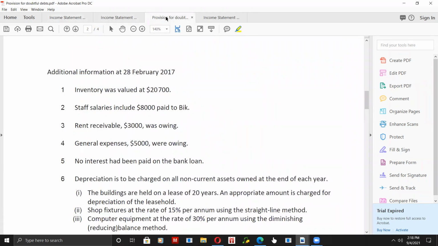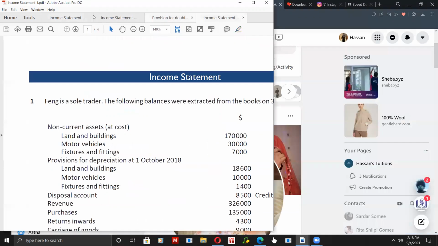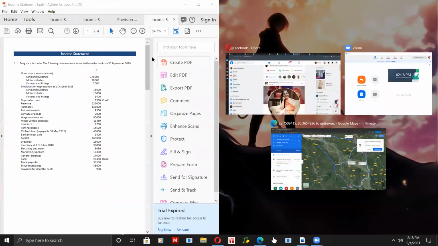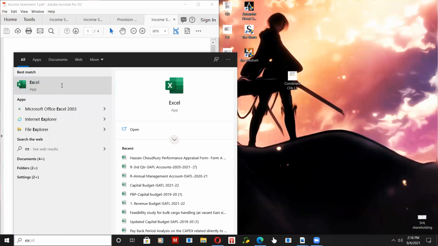So today's question we're solving is bank. So let's just minimize this here, and let's see our Excel sheet over here.